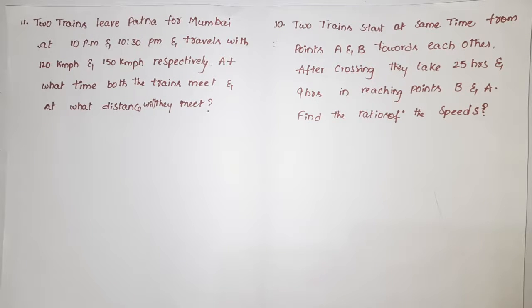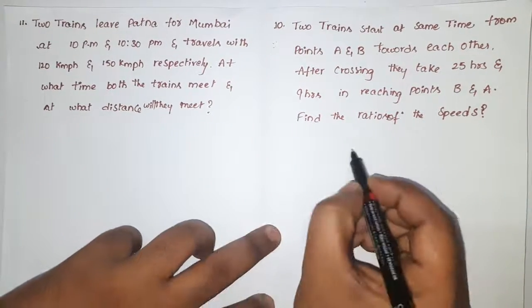Two trains start at the same time from points A and B towards each other. After crossing, they take 25 hours and 9 hours in reaching points B and A respectively. Then find the ratio of speeds. So the data is simple.